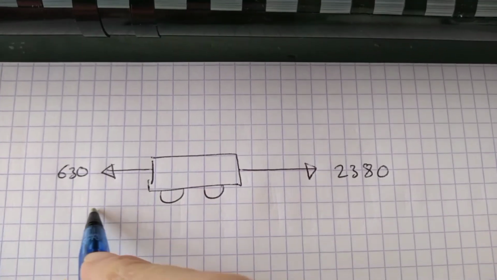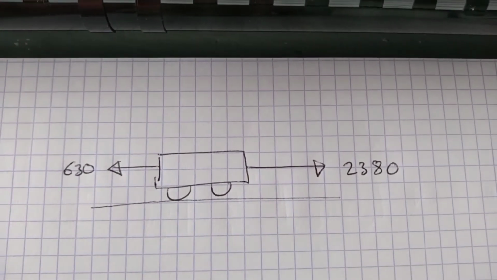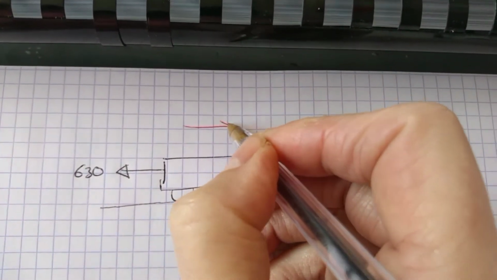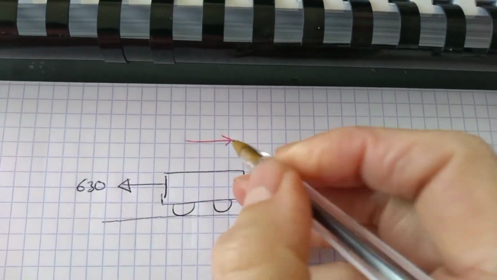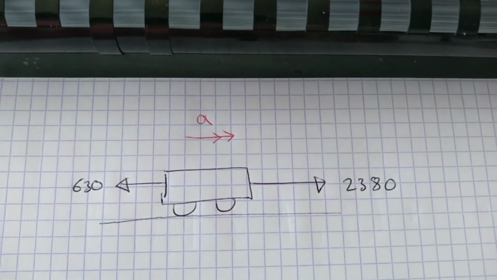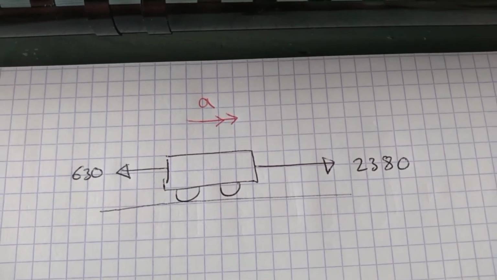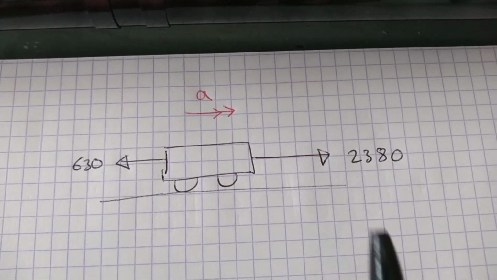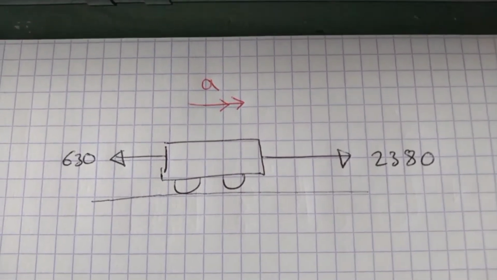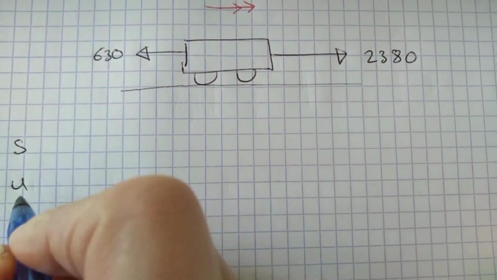Now, what that will have changed, of course, it's still going this way, but its acceleration may have changed because the forces have changed. So let's do a little suvat analysis and see what we know and what we don't know and how much we need to work out. So suvat, always the way to write down, see what you've got.